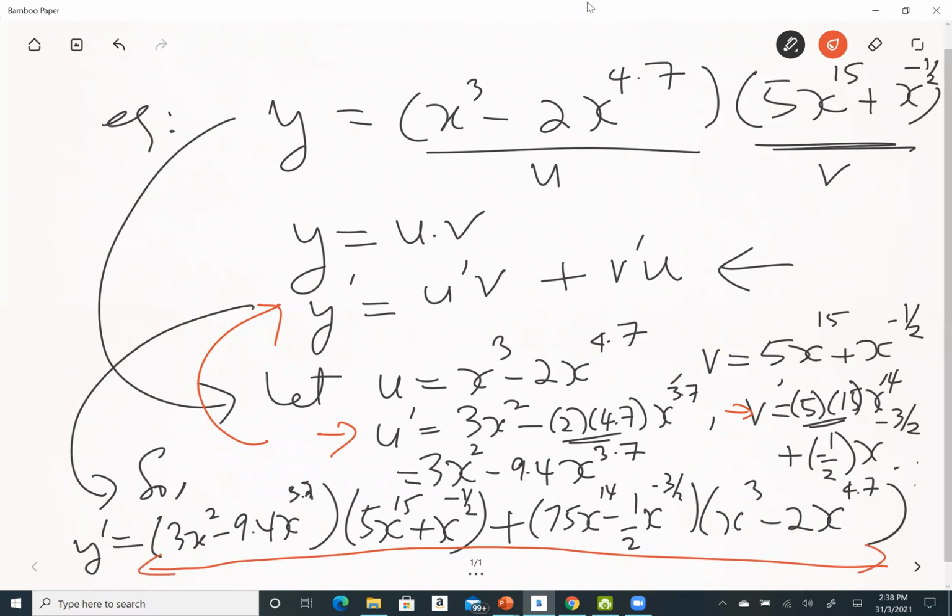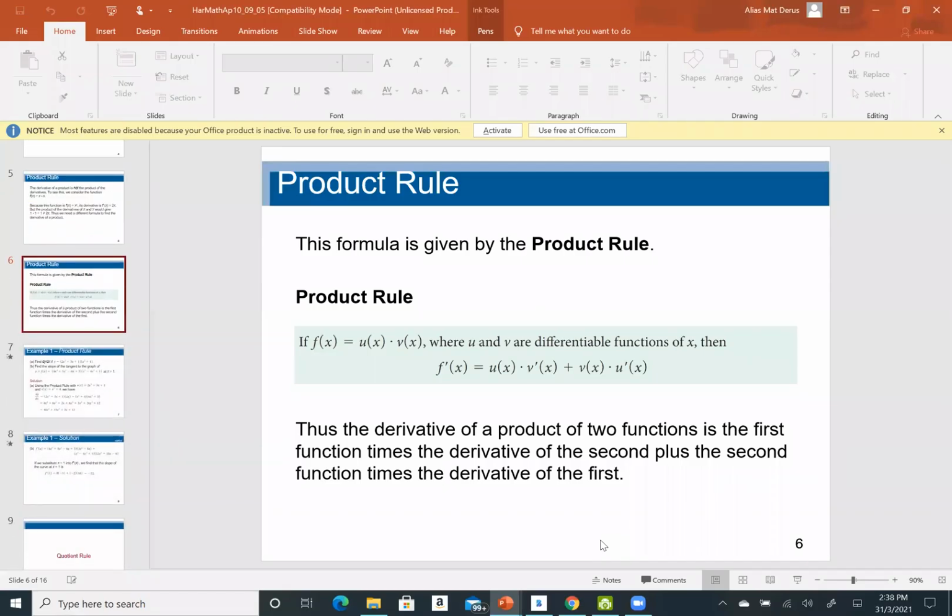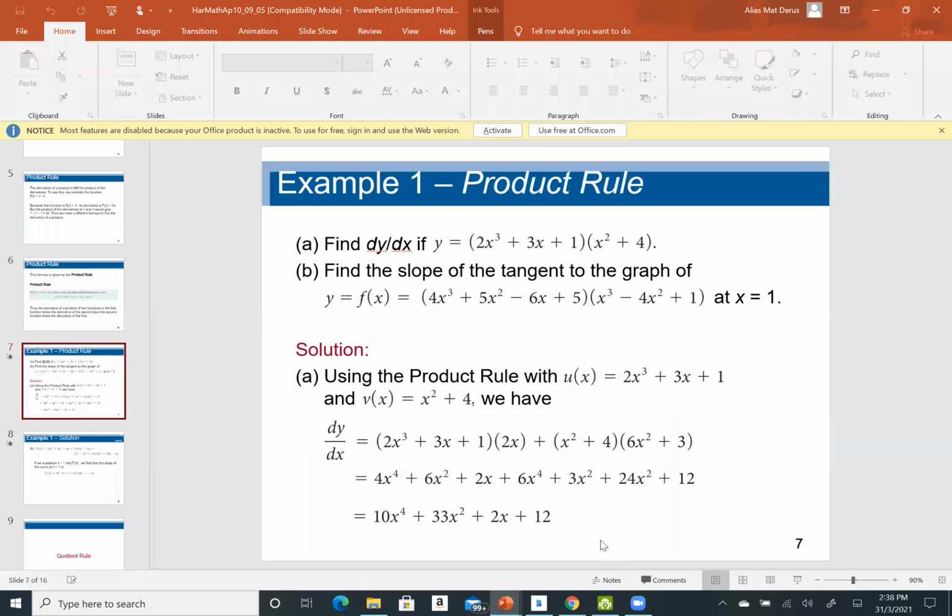Any question? So that is the product rule. I want to give you some practice. So let's consider another example. I want you to do this example here.